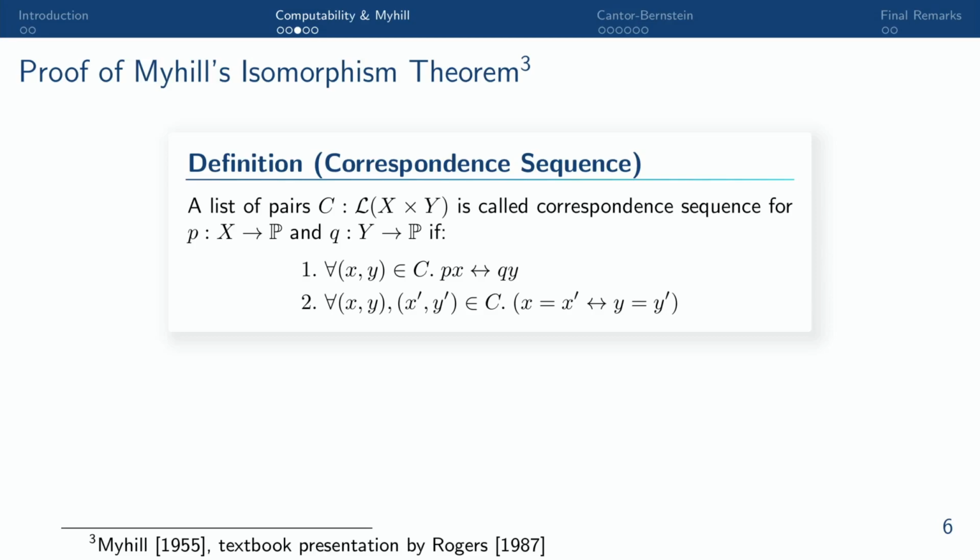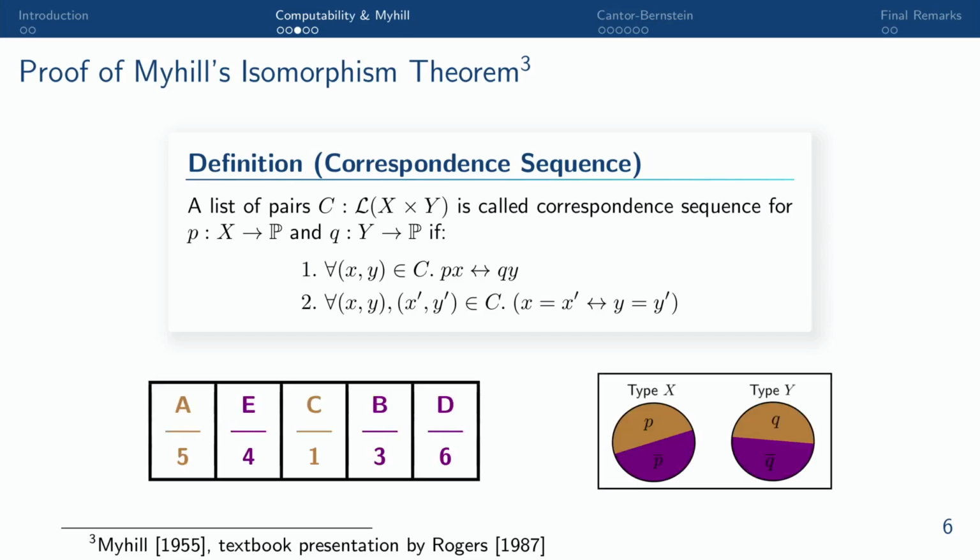Maybe it becomes more clear if we look at an example. We have here a correspondence sequence with the meaning of the colors right there. So the brown pairs are, for instance, those where the predicate holds, and the violet ones where it doesn't hold. And you see that there are no duplicates in the list, so also the 1-1 property is fulfilled.